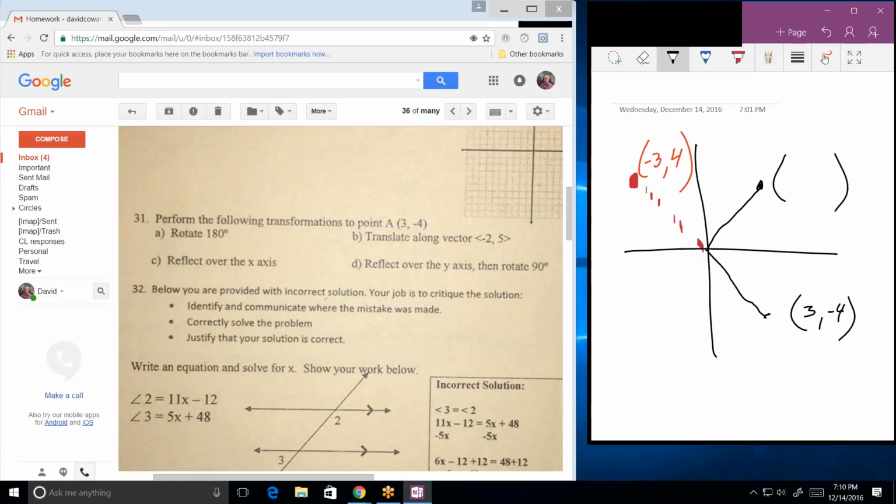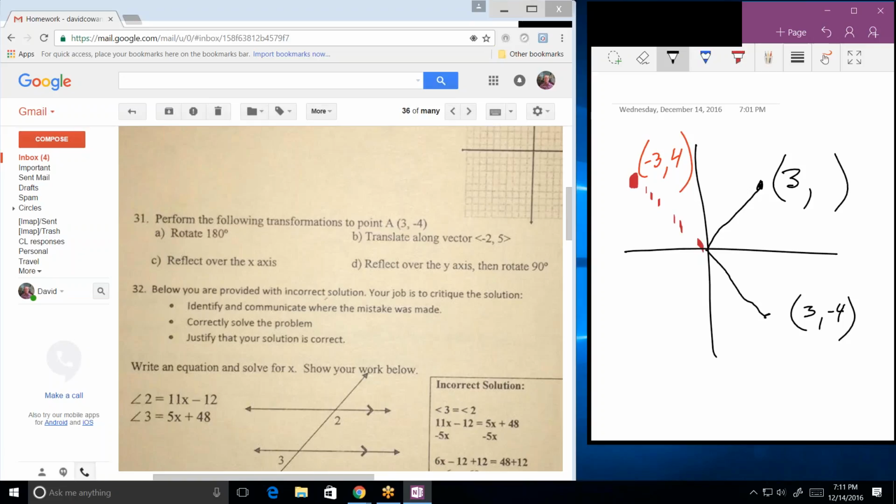Does the x-coordinate change? No. That's the way to think about it. The x-coordinate has to stay the same. The y-coordinate definitely changes. What does it become?